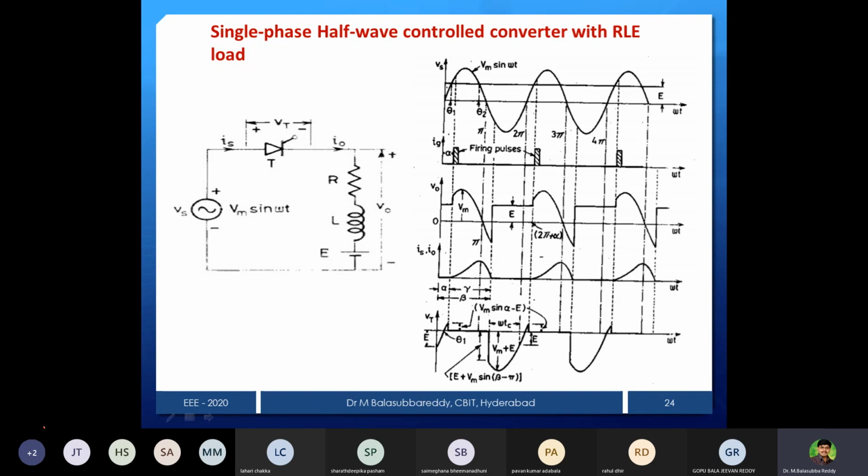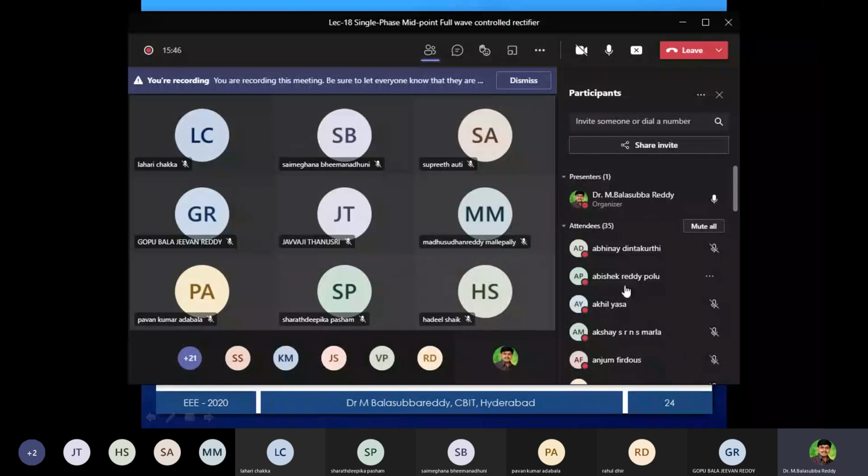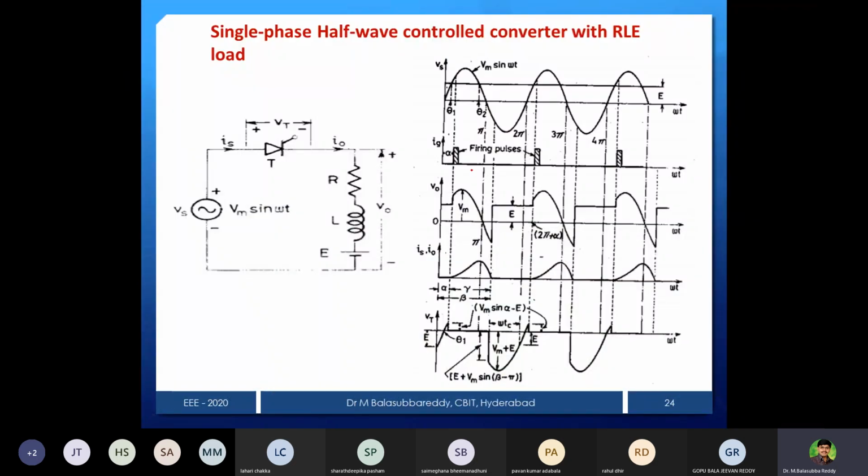So after theta 1, you have to give the firing pulses. Once the pulse is given, the remaining operation is as usual. Once the device is turned on, you can see here, if the device is on at alpha, remember that alpha must be greater than theta 1 and less than theta 2. These are the instants based on the battery voltage.